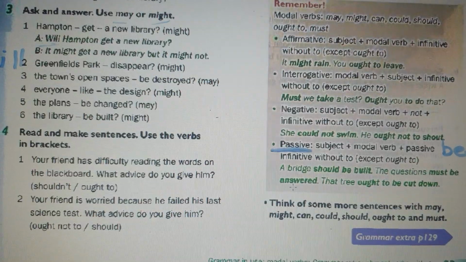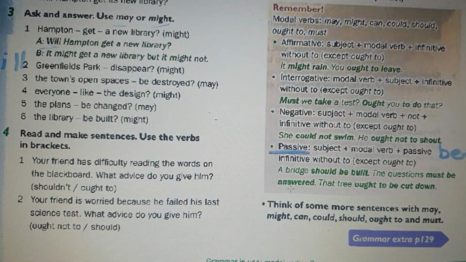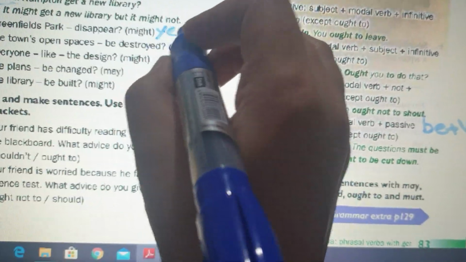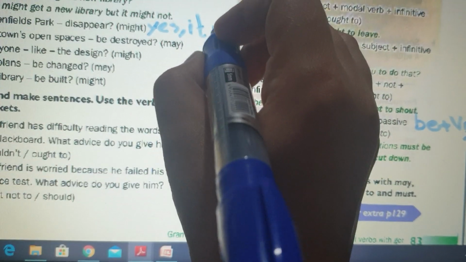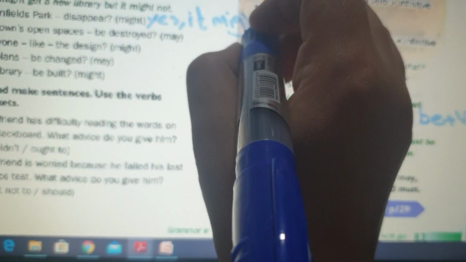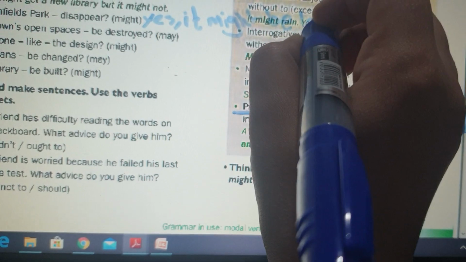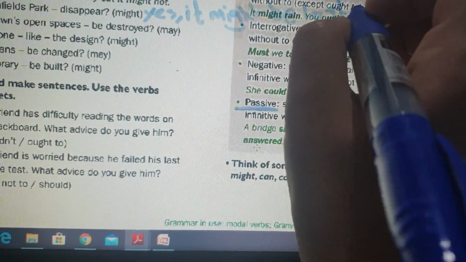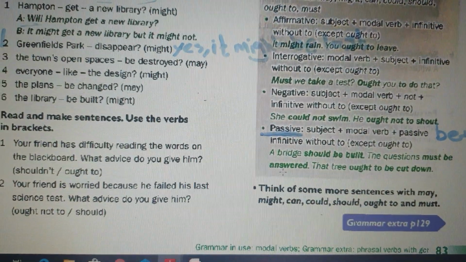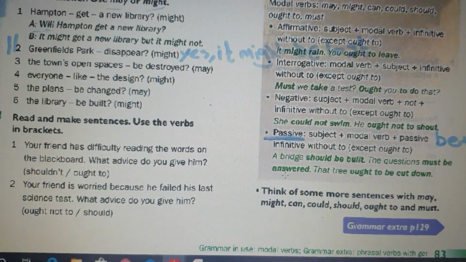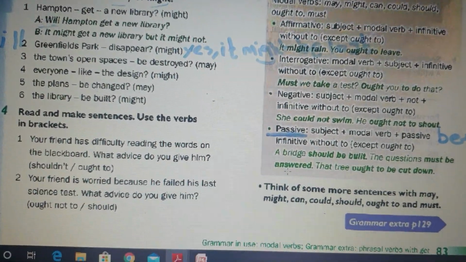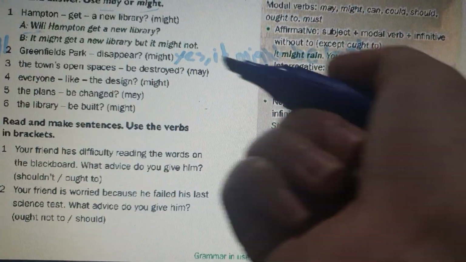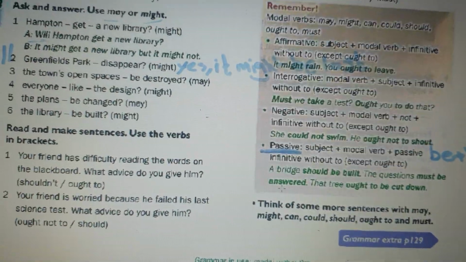Yes, it might be lost. Here we are focusing on the disappearing of green fields, not who makes it disappear. So we are using the passive. Yes, it might be lost.